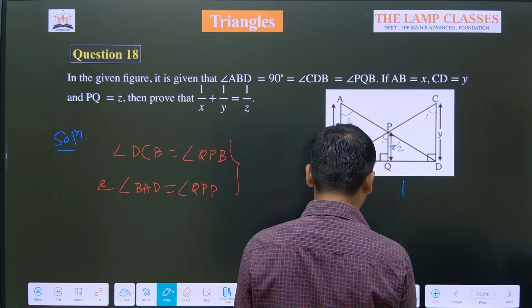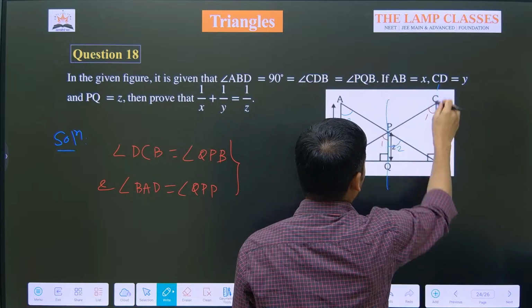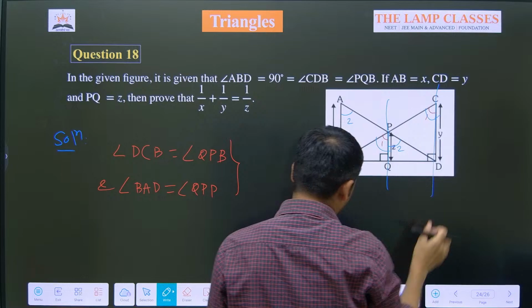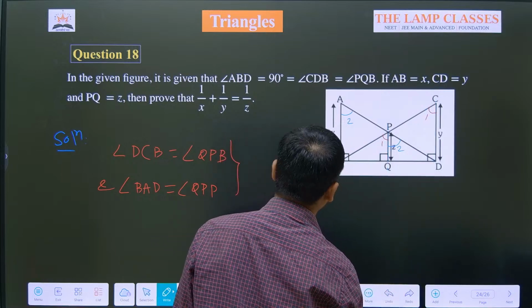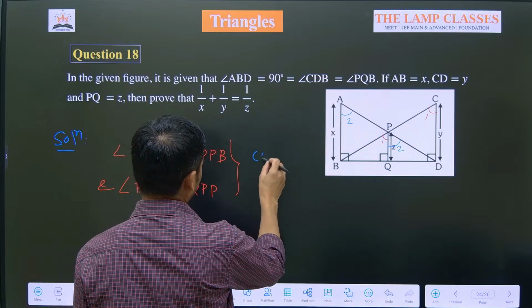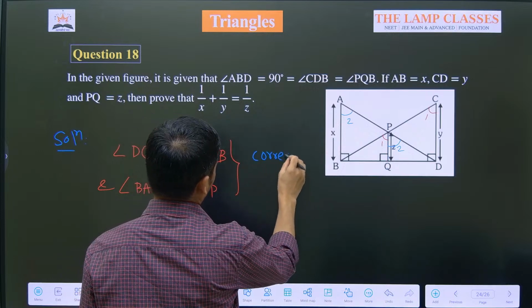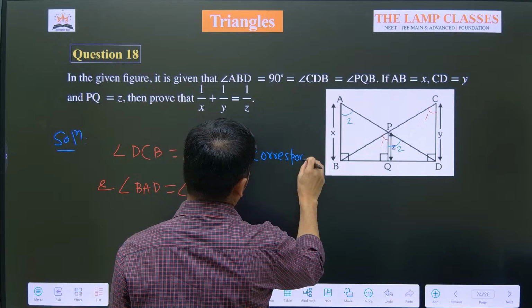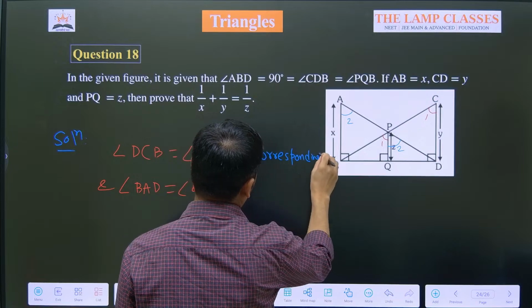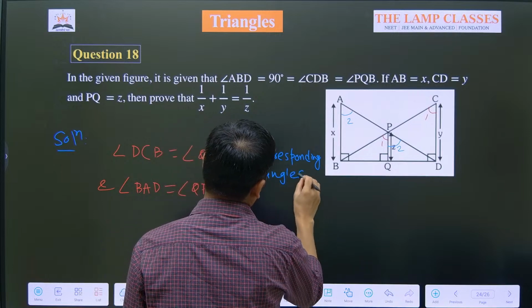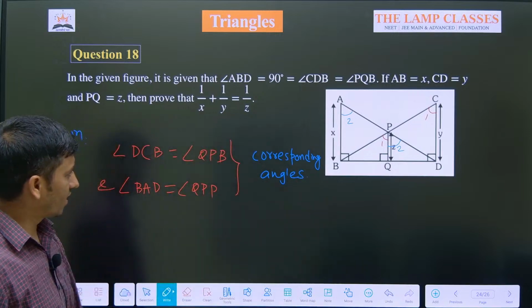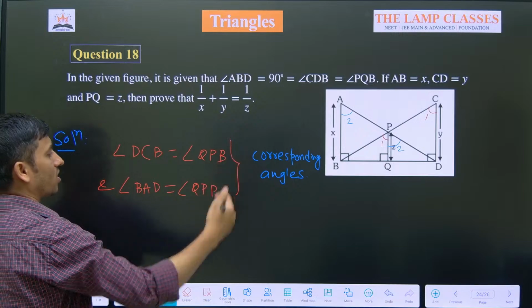Because these are parallel lines. These are parallel lines. So these angles are corresponding angles, right? Is that all right?